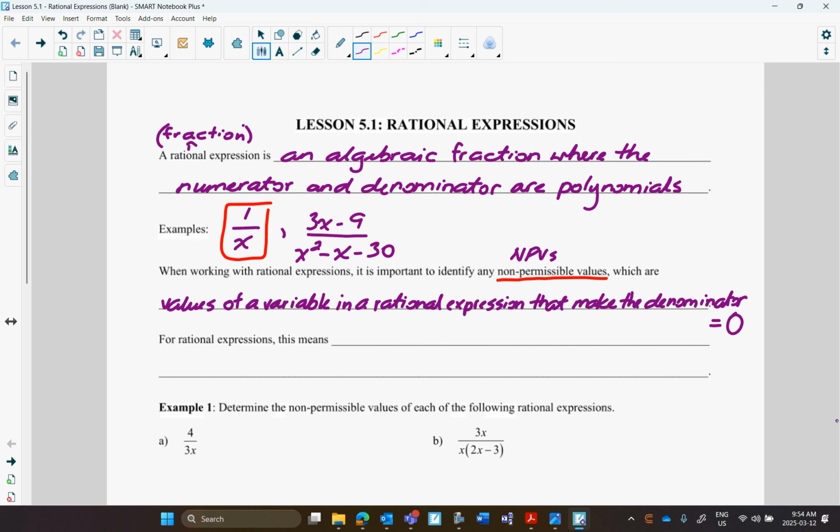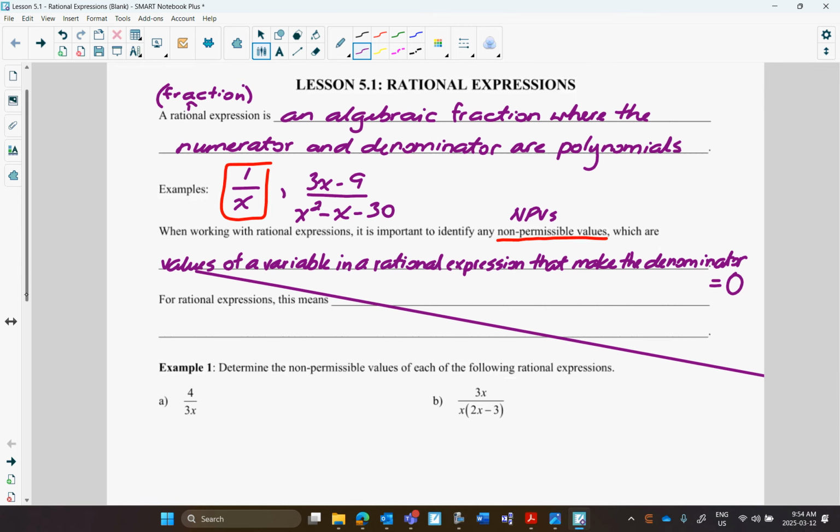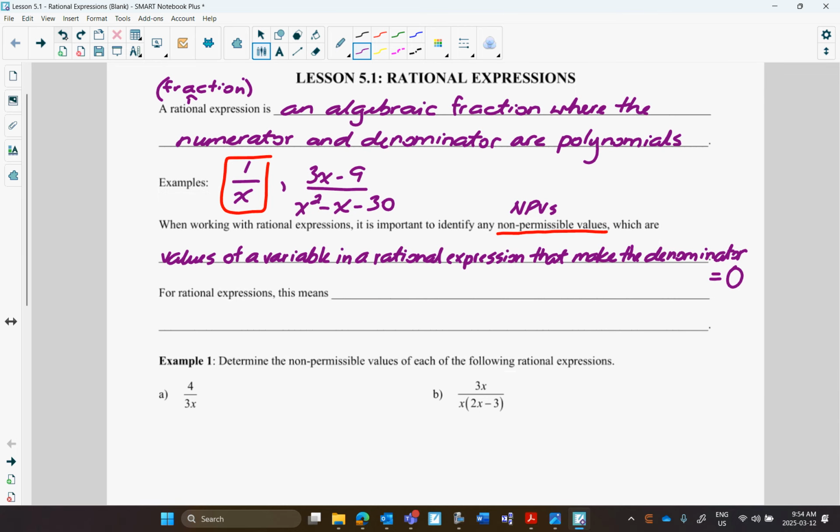So for rational expressions, well, obviously, this means the denominators cannot equal 0. And if they do, well, the rational expression is undefined.